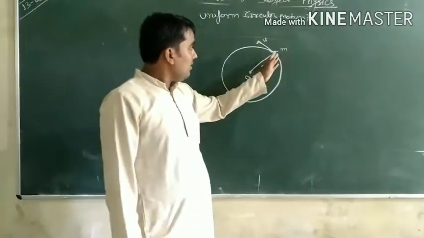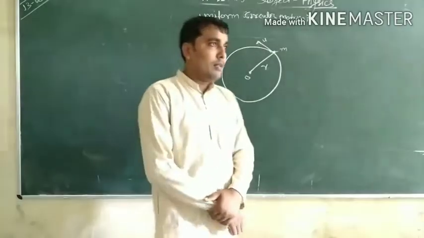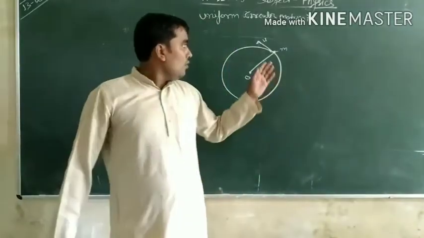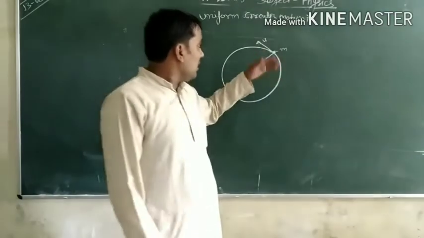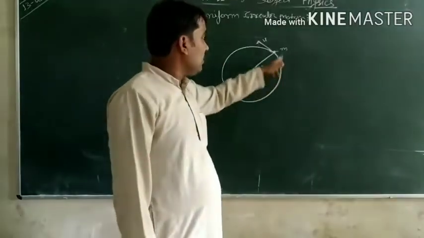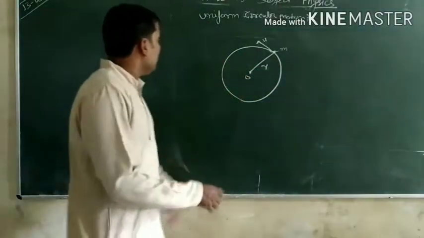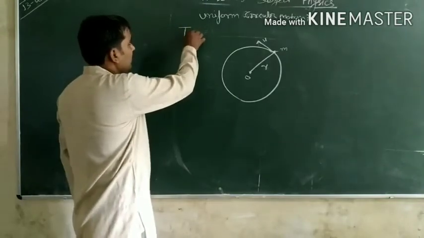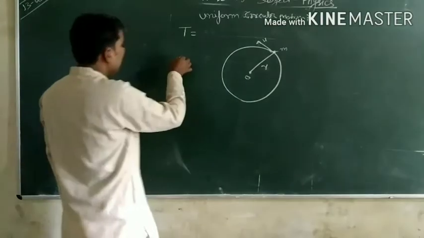The time in which the moving object completes one round of the circular path is called the time period, which is represented by capital T.